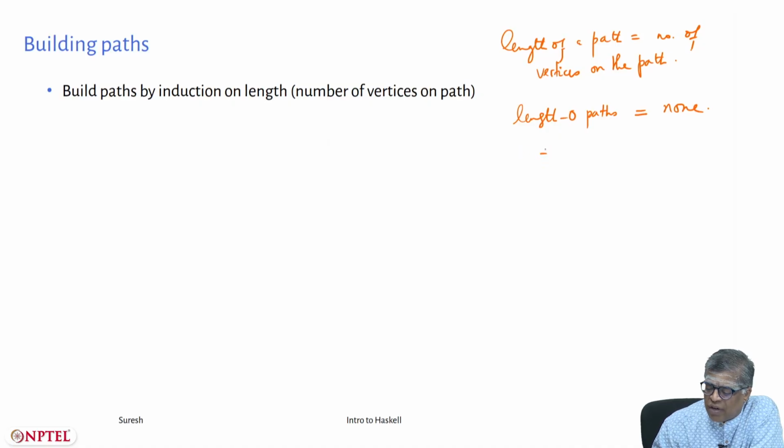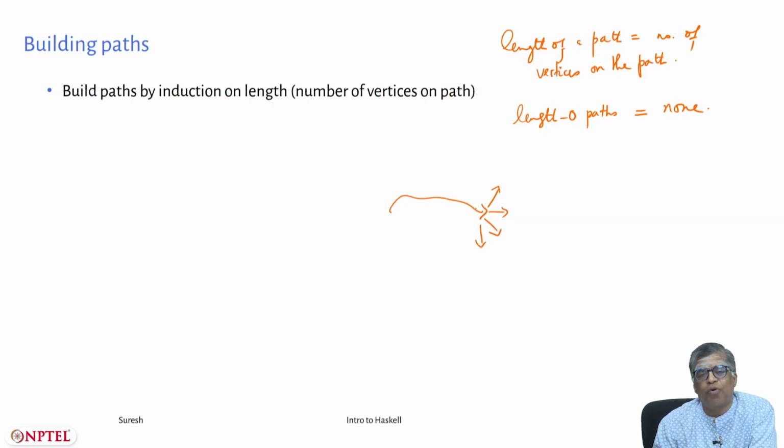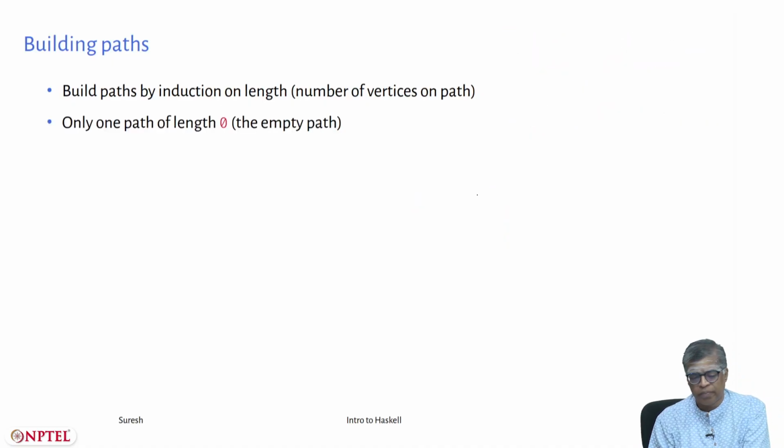Okay, so if I have a path already built in my graph, and if from this vertex there are 4 outgoing edges, then there are 4 paths of length n plus 1 based on this path, but there might be multiple paths of length n. So for each of those you will have several extensions of length n plus 1, so there will be multiple paths of length n plus 1, right?